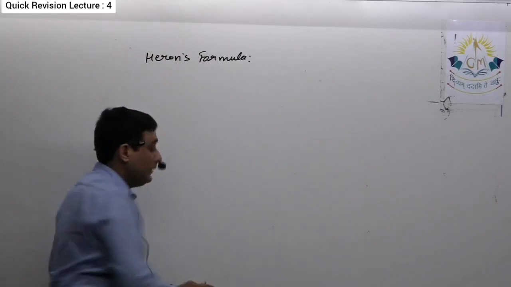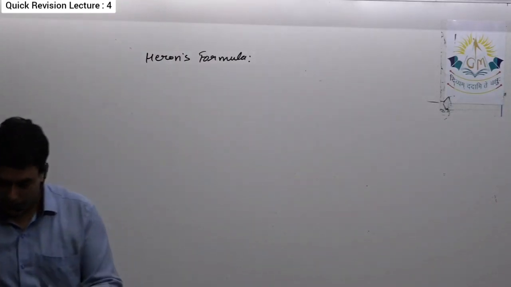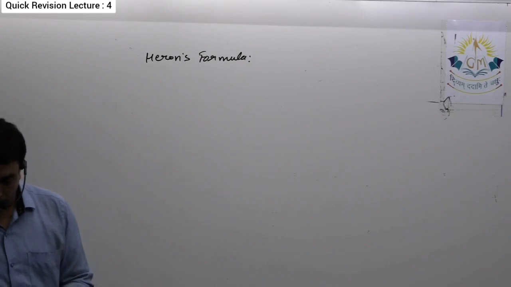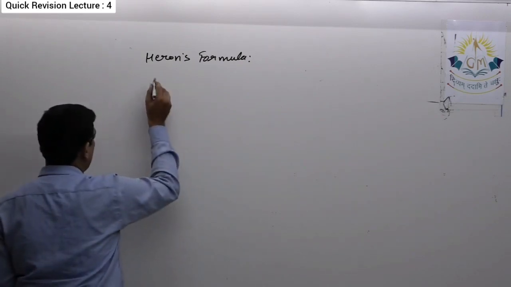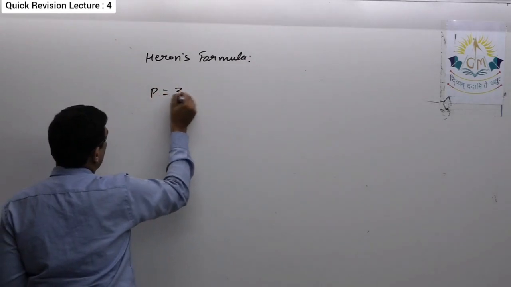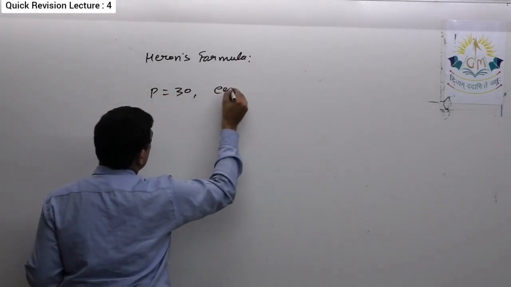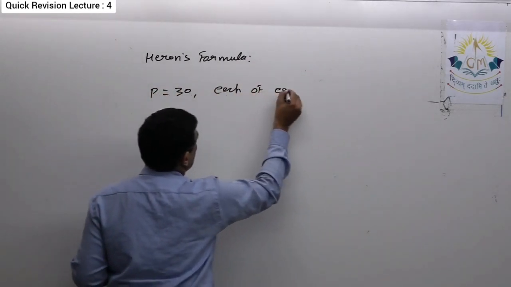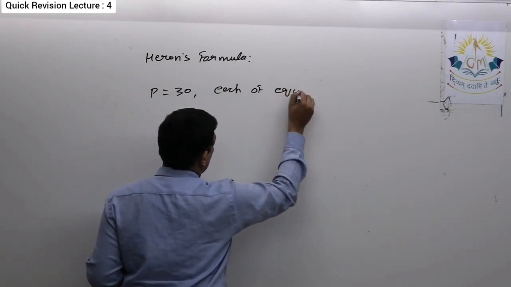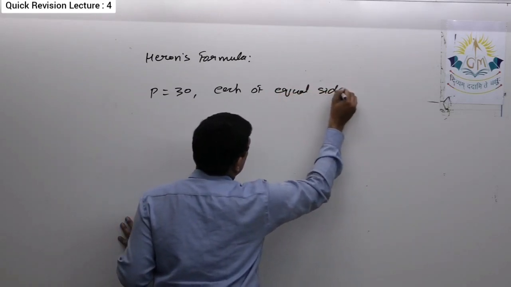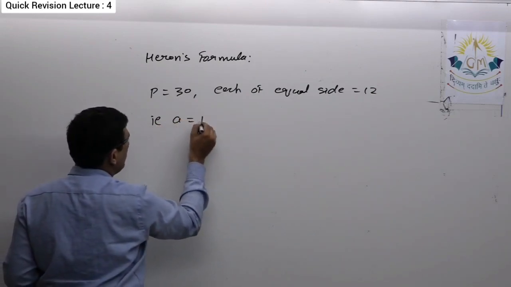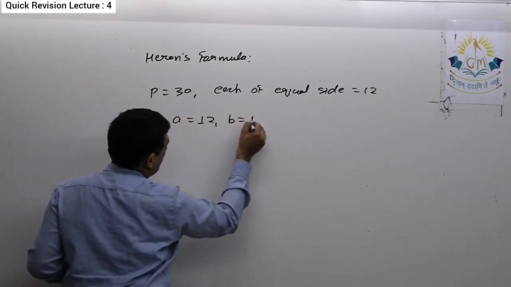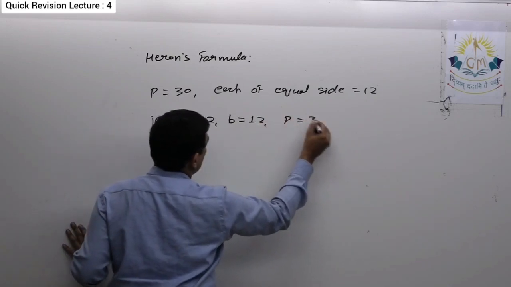Now next, you will get an isosceles triangle and the perimeter. So for an isosceles triangle, it is given that the perimeter of the triangle is 30 and each of the equal sides is 12. That is, I can say A equal to 12, B equal to 12, P equal to 30.